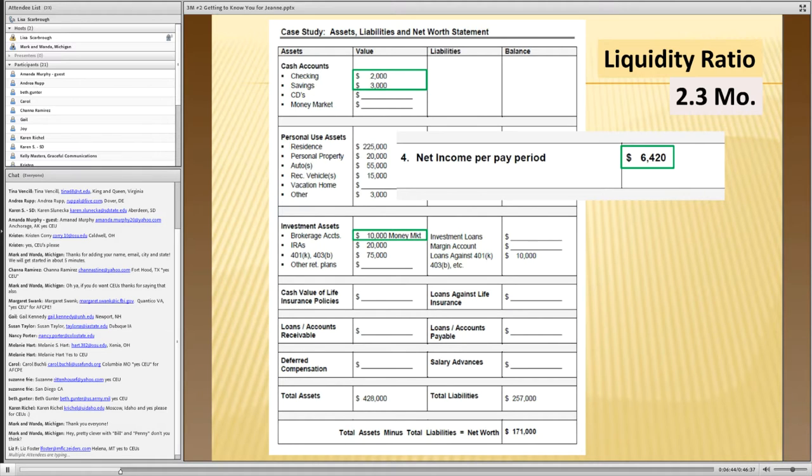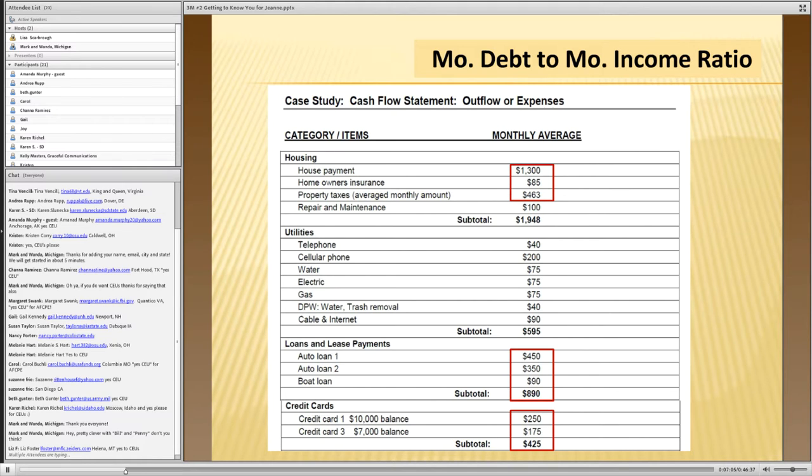If you are a contractor in a cyclical industry, though you're very good at what you do, as that industry goes, often so does your income. So those would be things that would modify what a good liquidity ratio would be for your emergencies or to pay for your essentials if indeed you become unemployed.